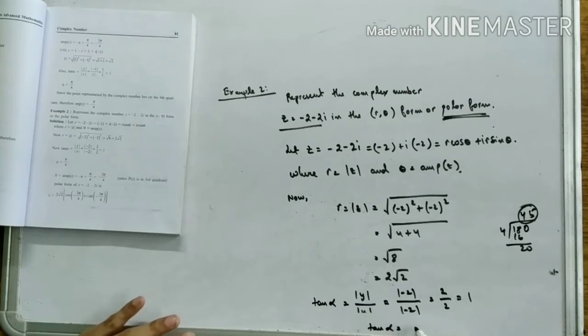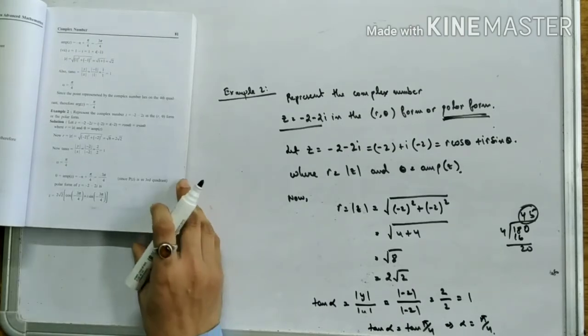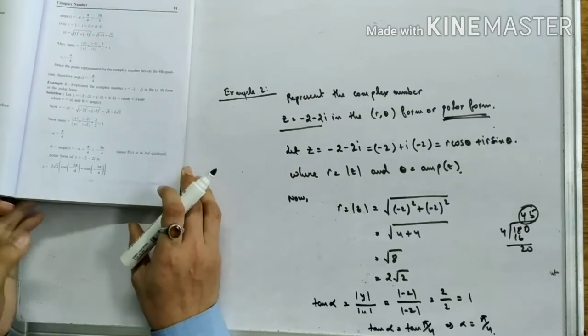So therefore tan pi by 4. This gives alpha is equal to pi by 4. Understand? Alpha is equal to pi by 4.